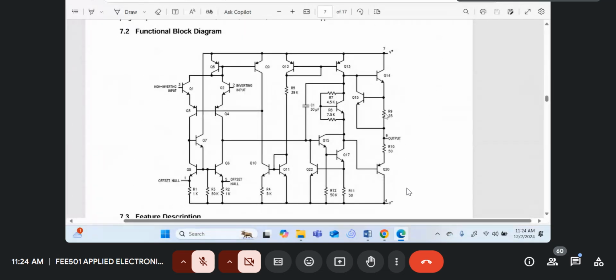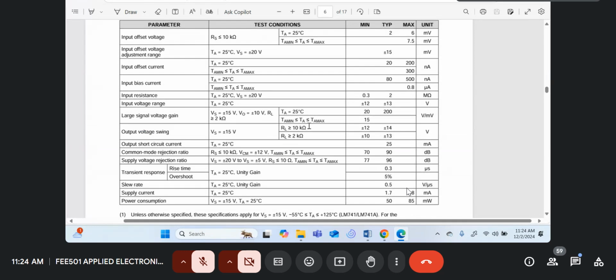Anyway, using the components which are shown in the internal circuitry, we got a current of 24 milliamps. And Texas Instruments tells you that the maximum output current of their op-amp is 25 milliamps from their data sheet.